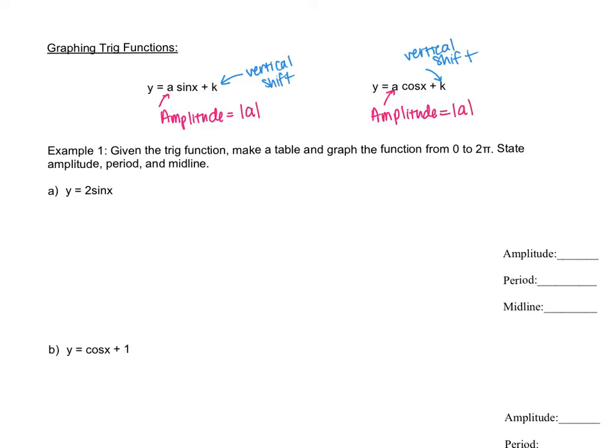Another thing I want to mention is that sometimes the coefficient, or the A, the amplitude, might have a negative sign, right? So if you have a negative A, what happens is it will flip the graph. And I think you guys have seen this before.